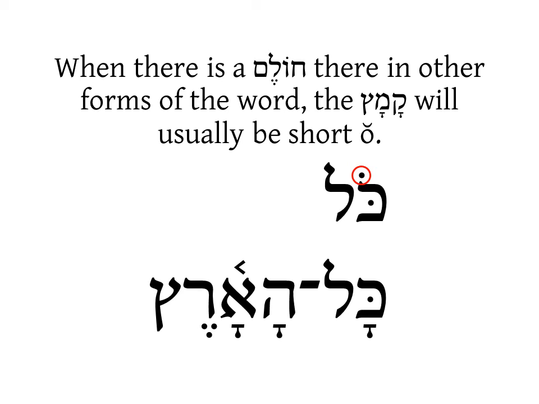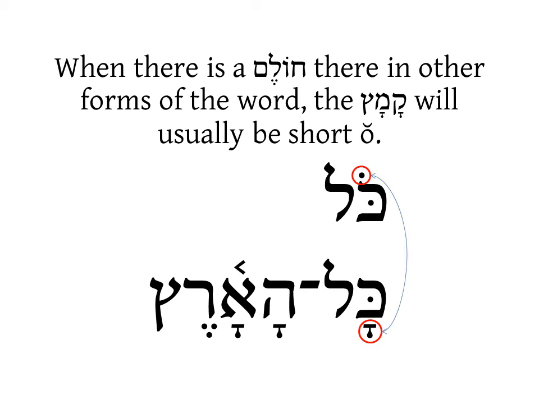Notice that the cholam in the word by itself becomes a qamats. Now, if there's an O vowel in a certain position in a word sometimes, and other times there's a qamats in that same word, in that same position, it will almost certainly be qamats hatuf, a short O.